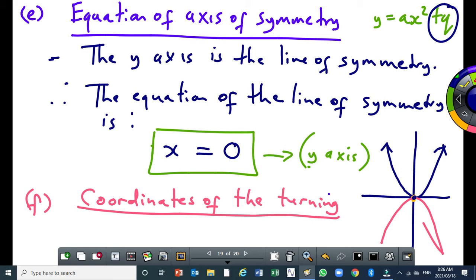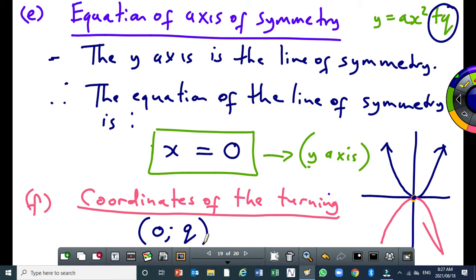If Q is 0, then the basic graph y equals ax squared. There's no shift. Okay? But if Q is greater than 0 or less than 0, then it means the graph was shifted. So the turning point won't be at the origin. So the coordinates of that turning point are going to be x is 0, y will be q. Always in grade 10.